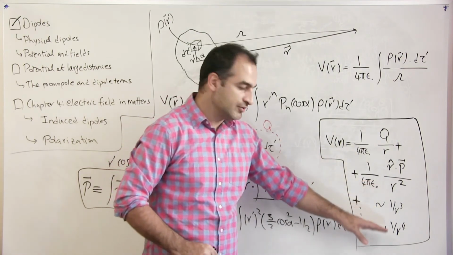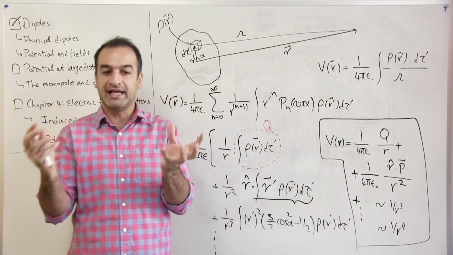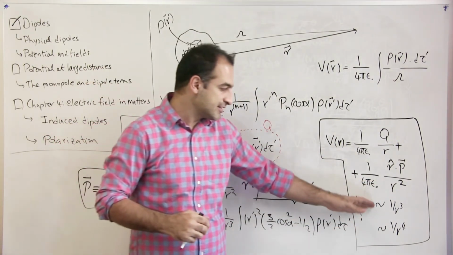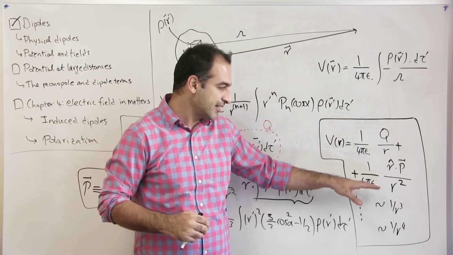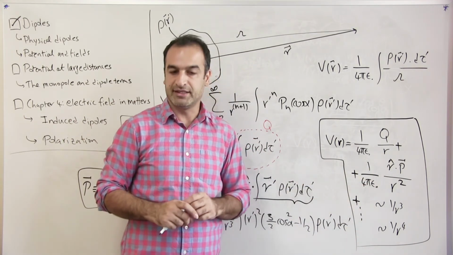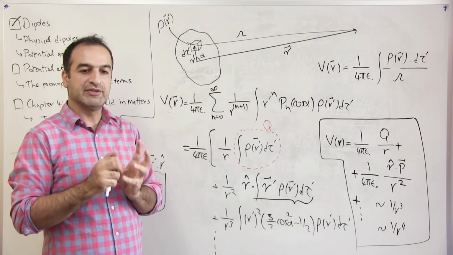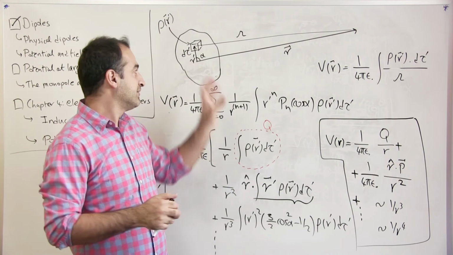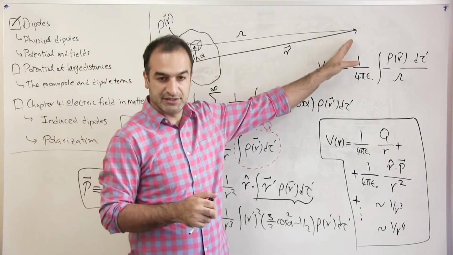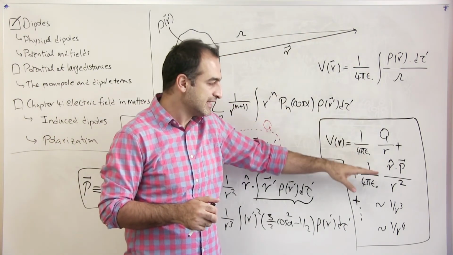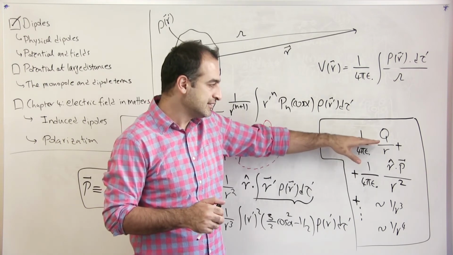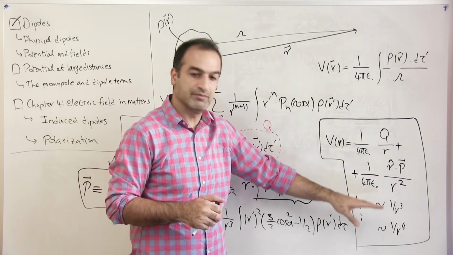If you include more terms, you are making it more and more accurate, but of course these terms are smaller and smaller, so sometimes we can stop here and not even worry about the rest. So the concept here is how you can approximate the potential of a random charge distribution at large distances, and these terms are the steps you can take to make it more and more accurate.